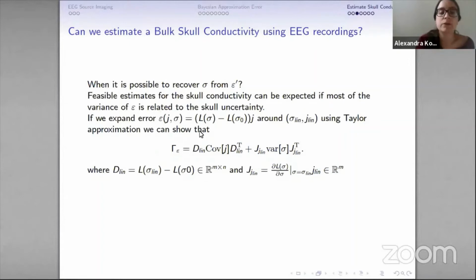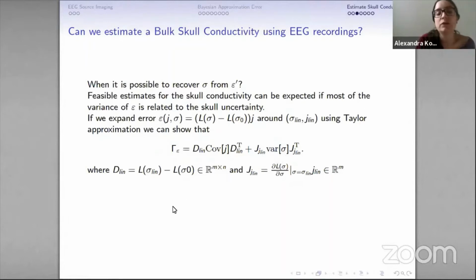And after, we estimate also the covariance of this, based on the Taylor approximate expansion. We saw that the covariance of our approximation error depends on J, our current, and also on the skull conductivity.